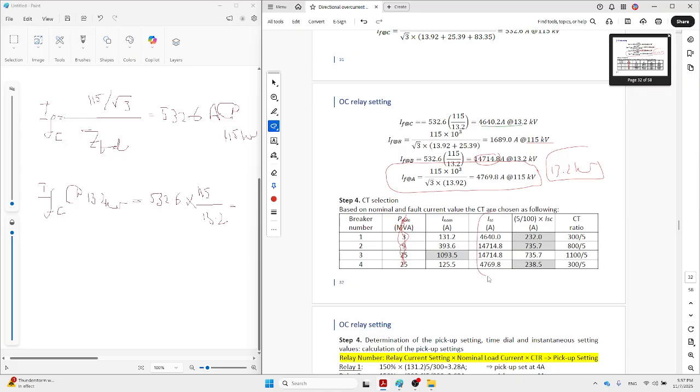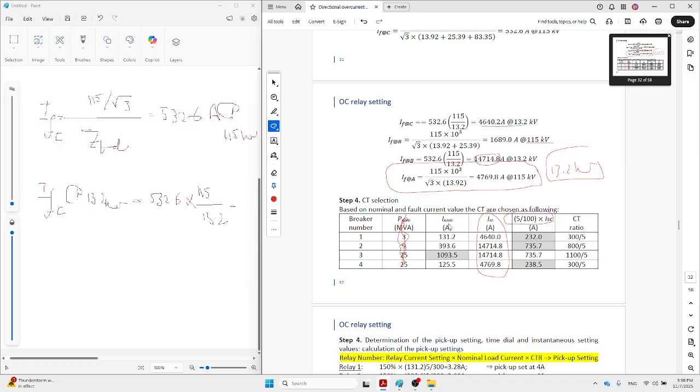Then the short circuit current must be listed, without saturation, divided by 20, listed down here. You can see the highlighted ones are the biggest number in each row.